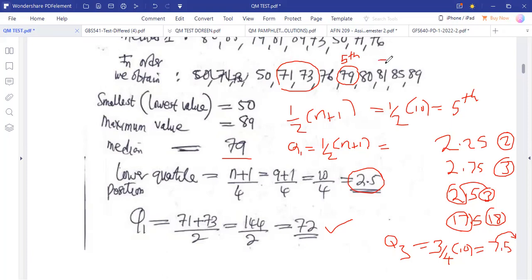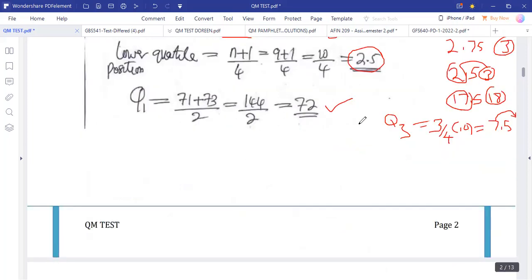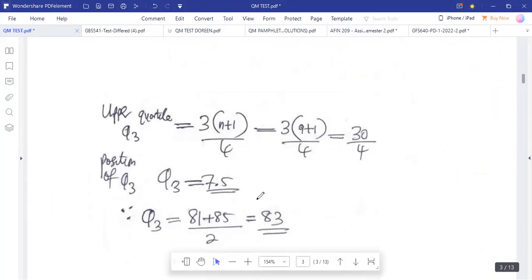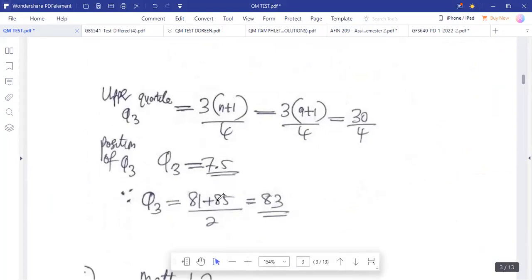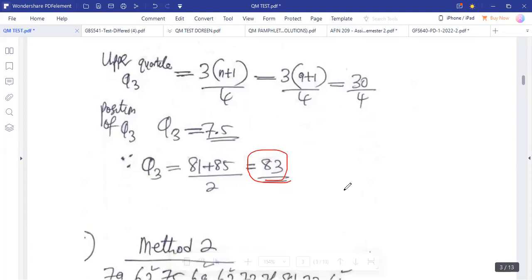The 7th is what? 81. The 8th is what? 85. So when you add these, then divide by 2, 81 plus 85 divided by 2, that's how we get 83.